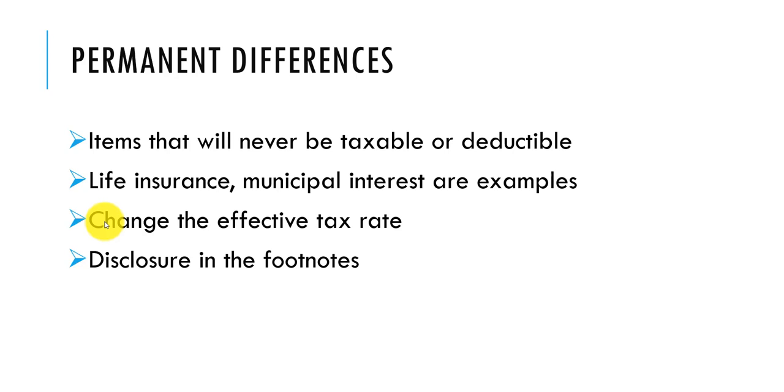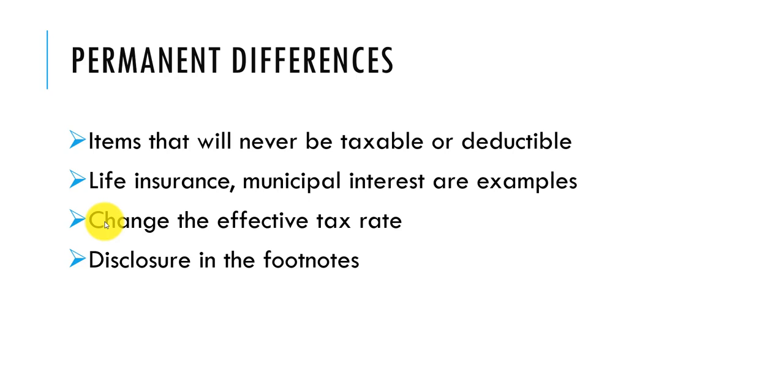First type of difference is permanent differences. These are items that will never be taxable or deductible, meaning they will never show up on the tax return, even though they show up on the financial statements. For instance, life insurance. If you buy life insurance on your officers, which is a very common thing for companies to do, the tax law reads that life insurance premiums are never deductible.